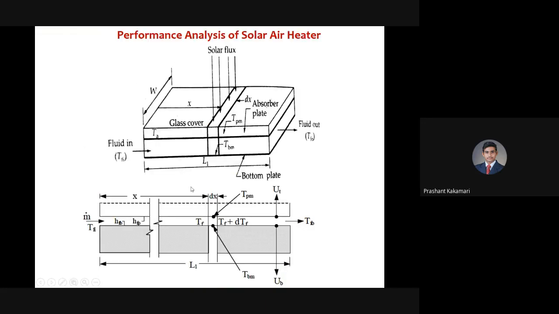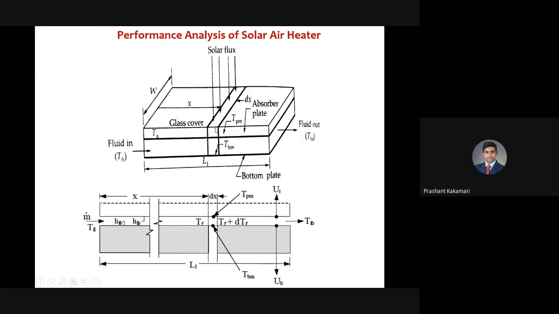And just see here, the absorber plate is here. The temperature maintained with the absorber plate is Tpm. This loss is going to happen from the absorber plate to the outside atmosphere by Ut. So this Ut into area of the surface.